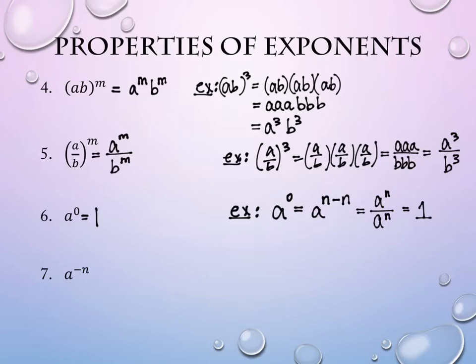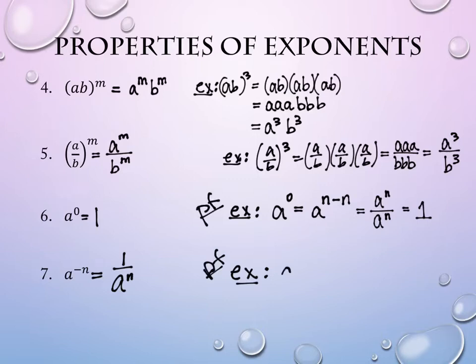Number 7 we can actually do in much the same way. So on number 7, this is actually 1 over a to the n. So if you have a negative exponent, you can move it into the denominator and make it a positive exponent. And I can do that again with a very quick actual proof. These are actually proofs. The other ones are more like justification by example.